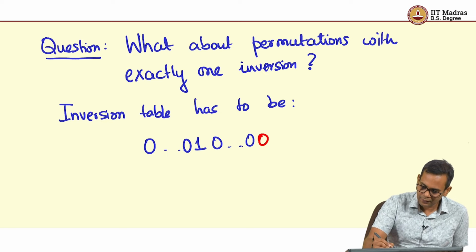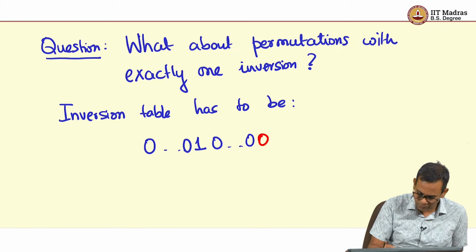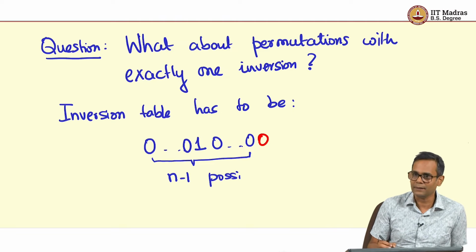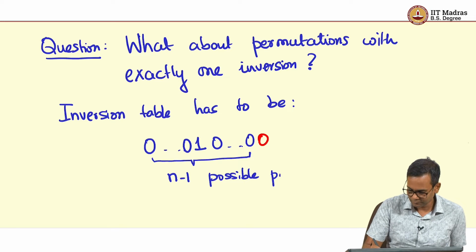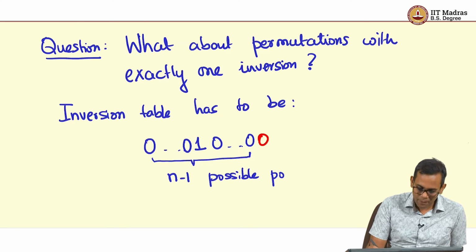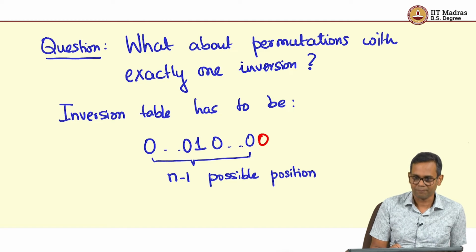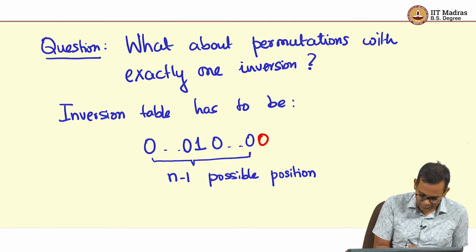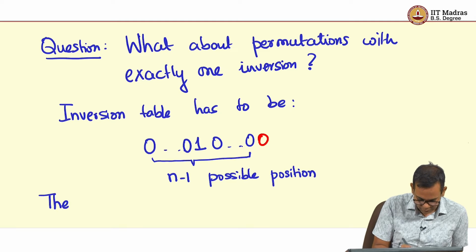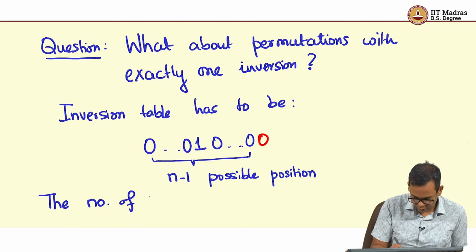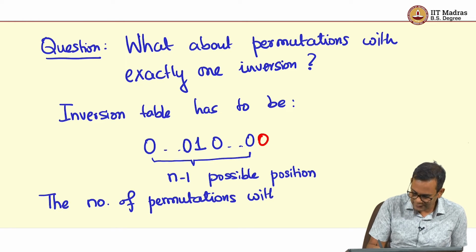The last thing has to be 0. So, there are n minus 1 possible positions where you can put your 1, and so the number of permutations with exactly one inversion is n minus 1.